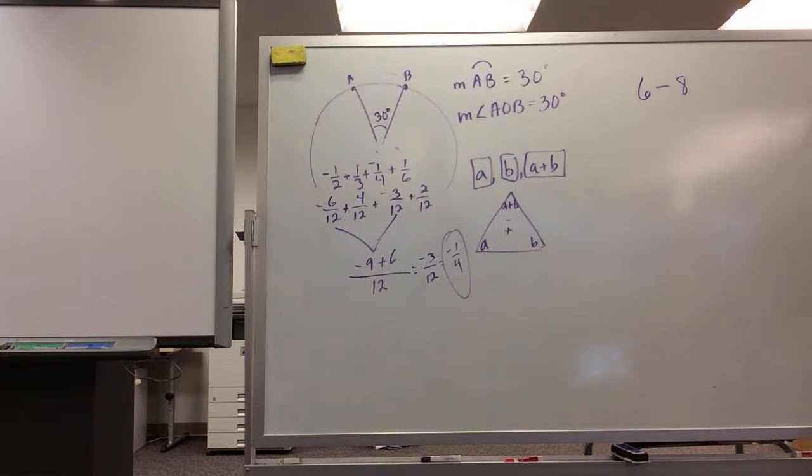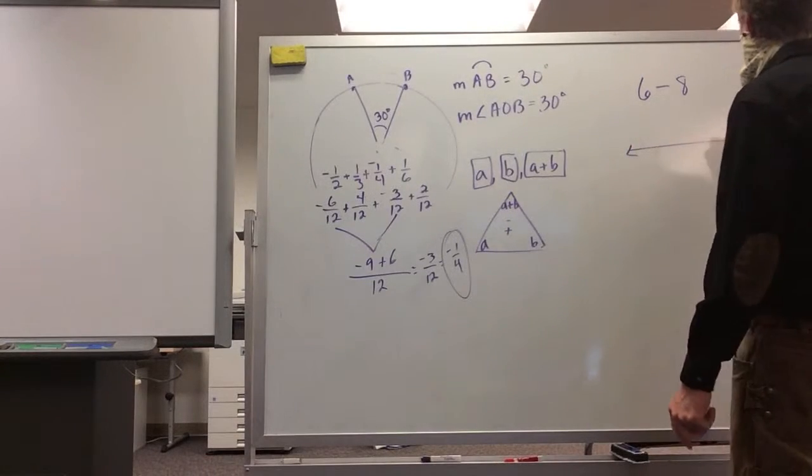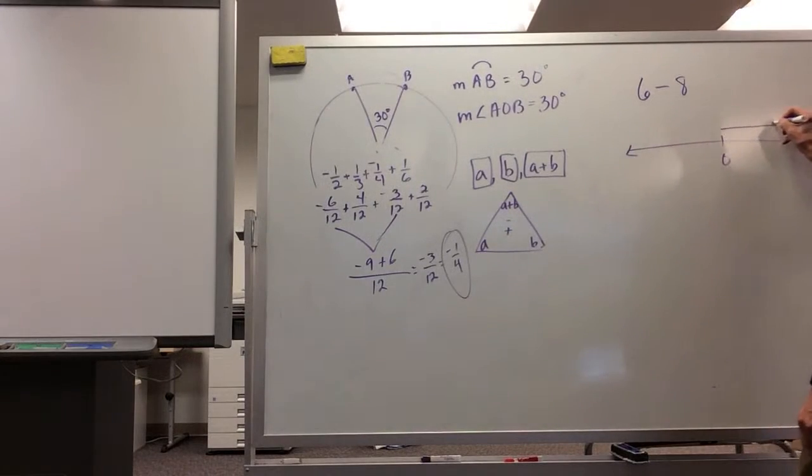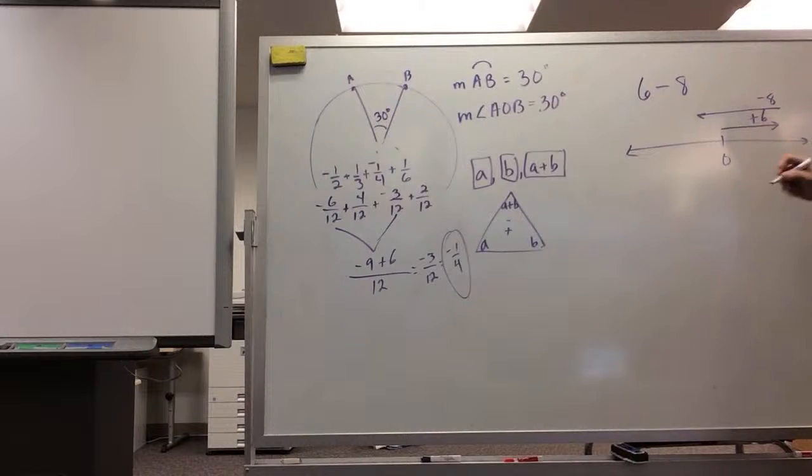Six minus 8. Negative 2. So if we did plus 6, and then we went back 8, that's a negative 8. If we did this using direction arrows, we did that using a slide model.